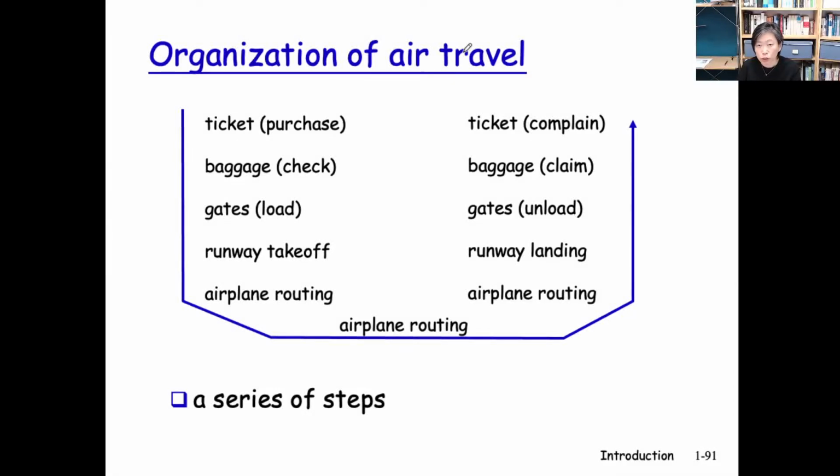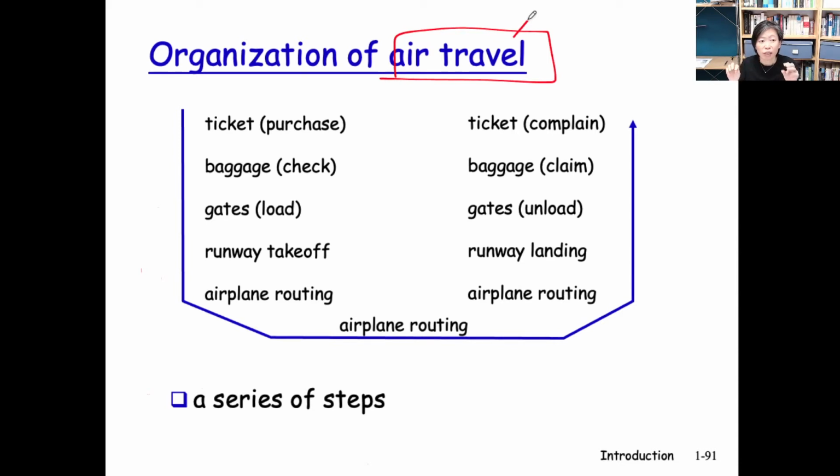Let me try to use an analogy, air travel here, to show you that it's kind of important to have some sort of organization, some sort of architecture, to make sure a complex system will work seamlessly. And you will see also air travel and internet.